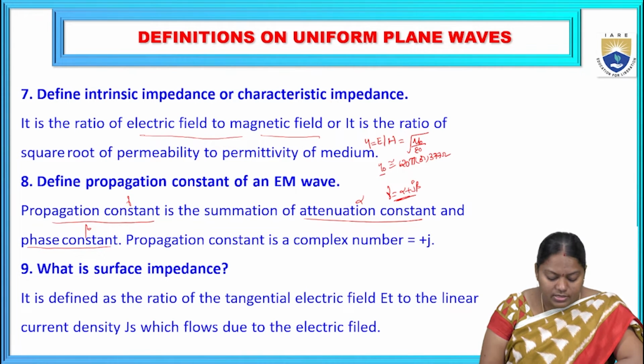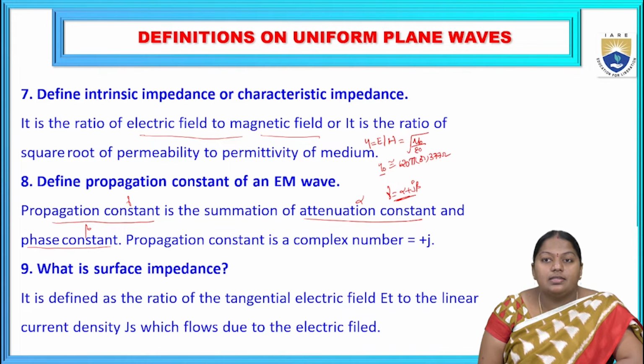Next, what is surface impedance? To define surface impedance, it is the ratio of the tangential component of electric field strength to the linear current density Js, which flows due to the electric field.